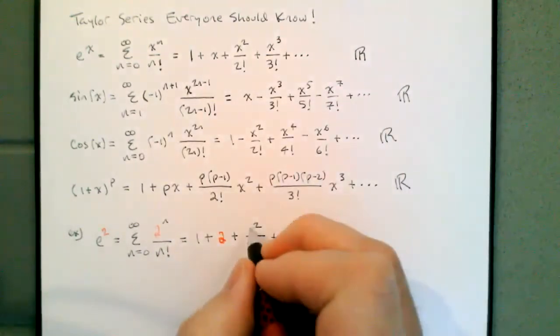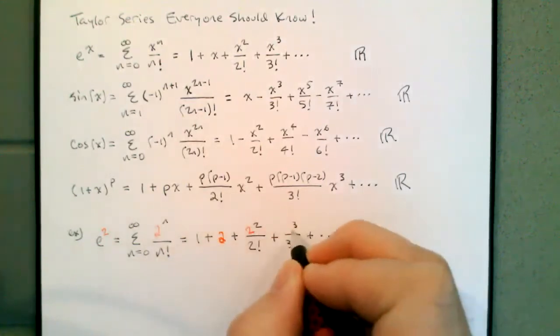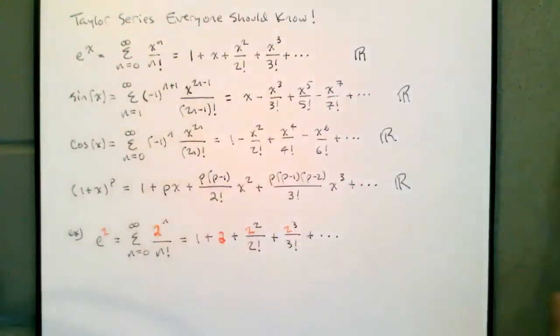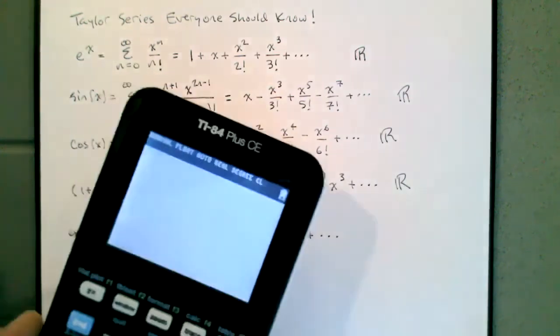We know our approximation will get better the more terms that we use. We might have to use a lot of terms initially because 2 is pretty far away from 0. But since the Taylor series converges for all real numbers, we know that this will eventually converge to e squared. We can test that out.